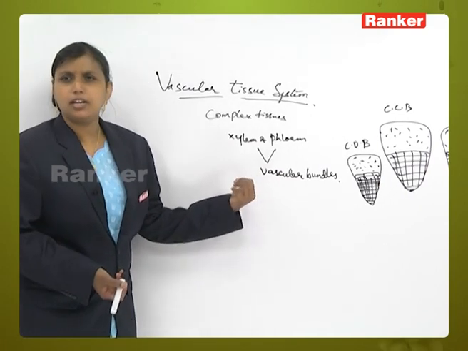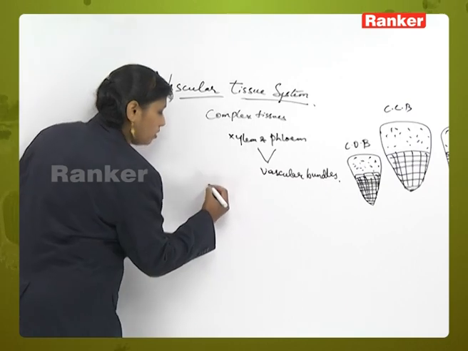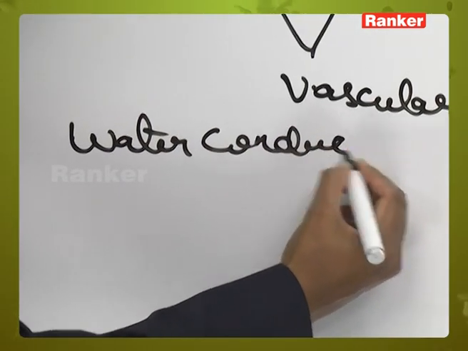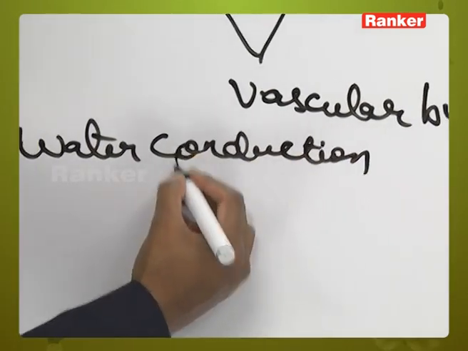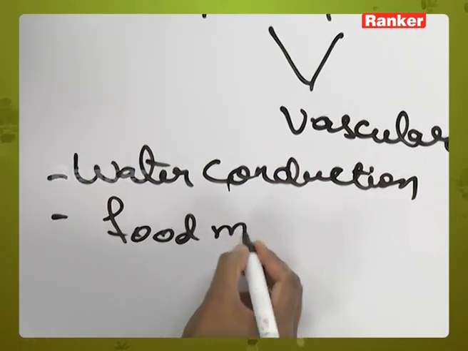They consist of xylem and phloem. As we already know, xylem is useful for water conduction, and phloem is used for the conduction of food material.